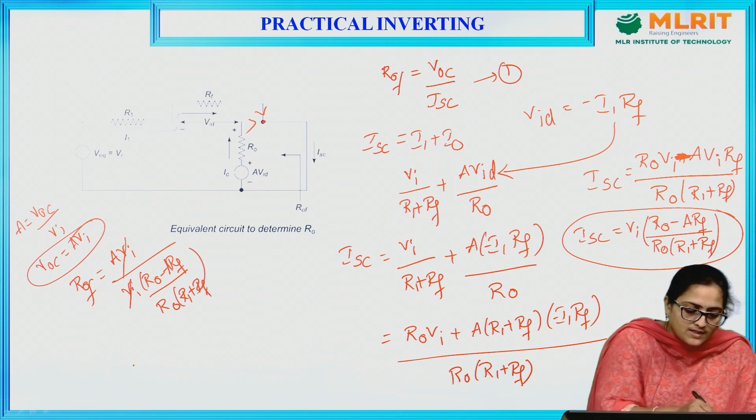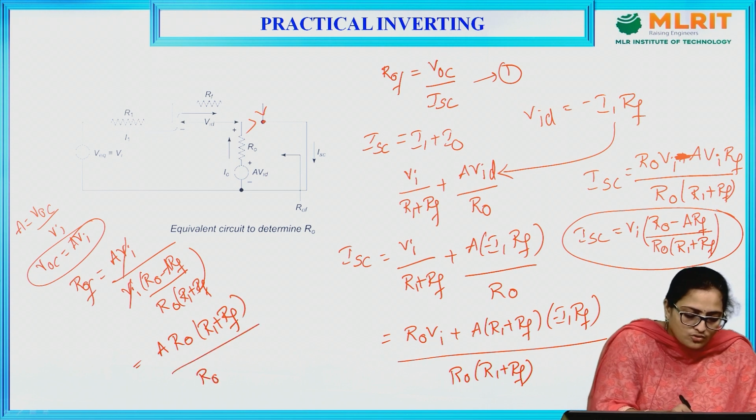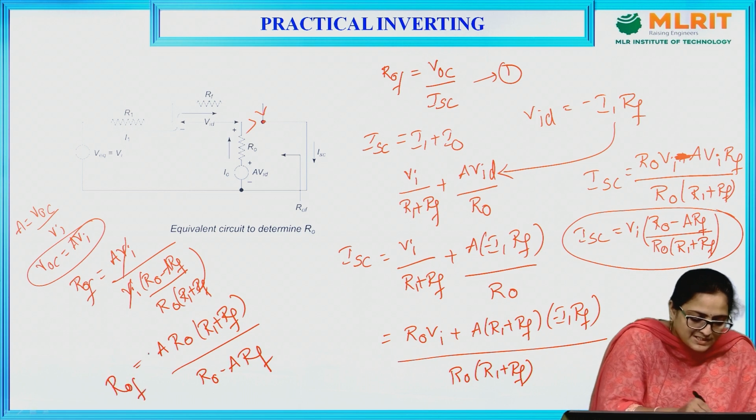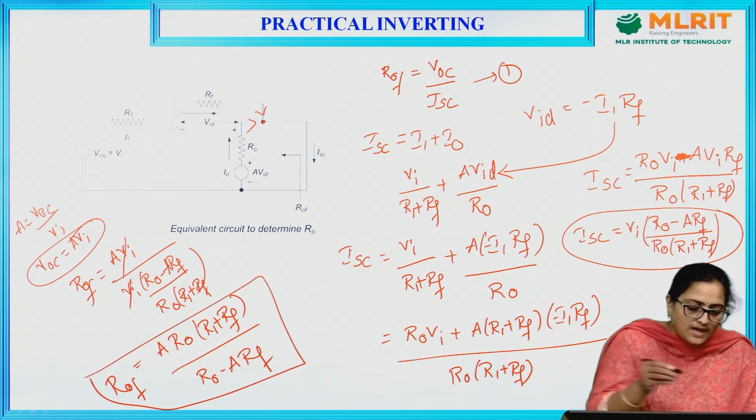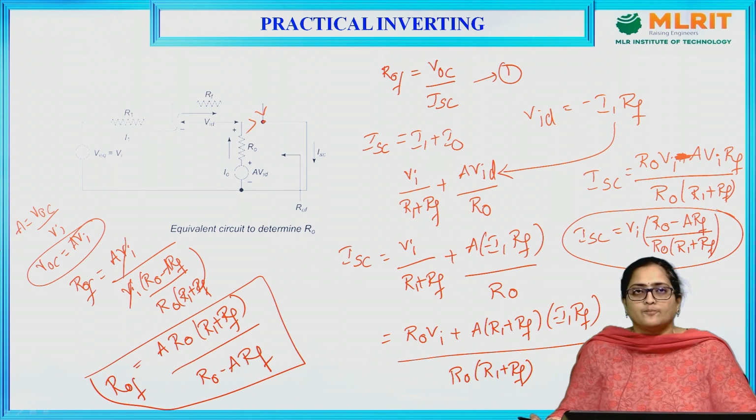If you cancel this VI, you can write the output resistance as A into R0 into R1 plus RF divided by R0 minus A into RF. This is the output resistance of a practical inverting amplifier.